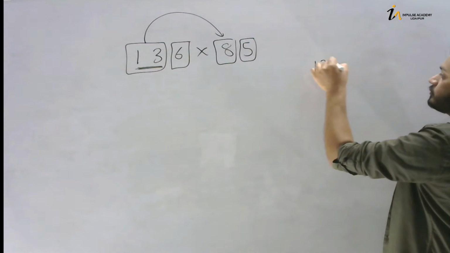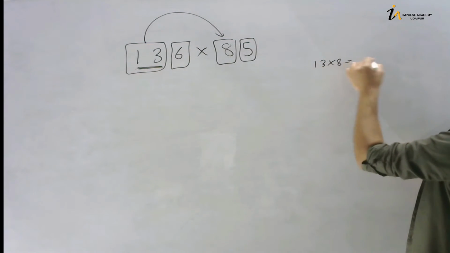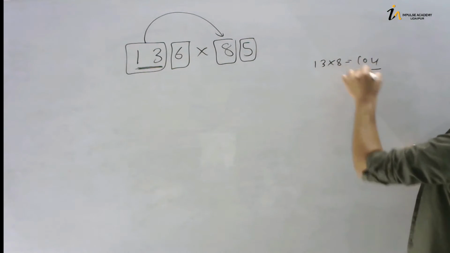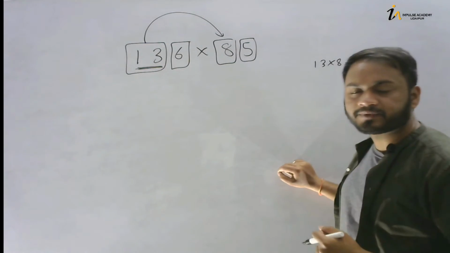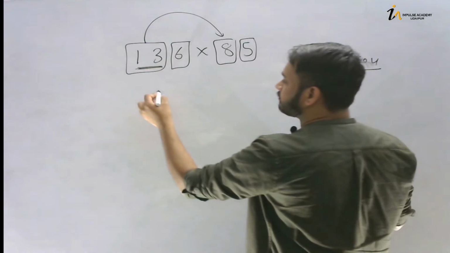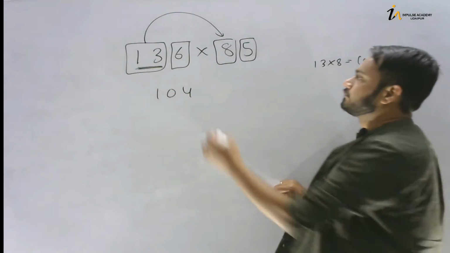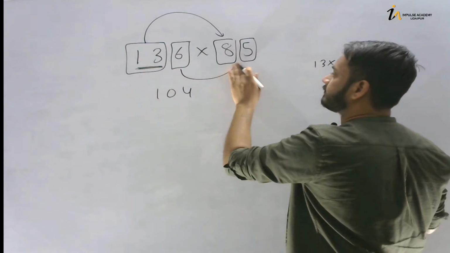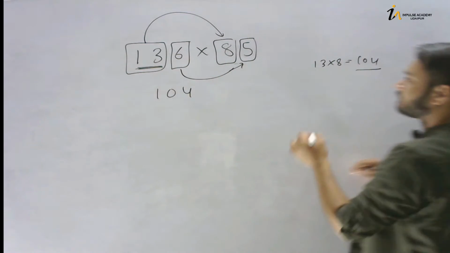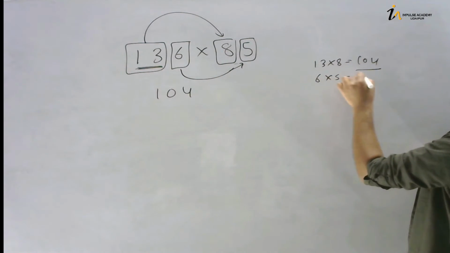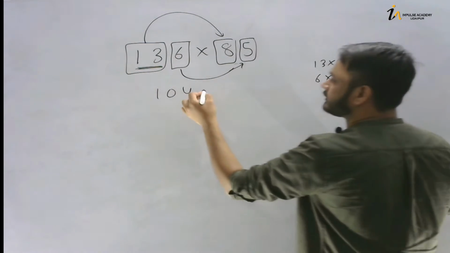13 into 8: 8 threes are 24, 2 carry, 8 ones are 8, plus 2 is 10, so 104. We write 104 as it is. Now 6 into 5 is 30, so we write 30 as it is.